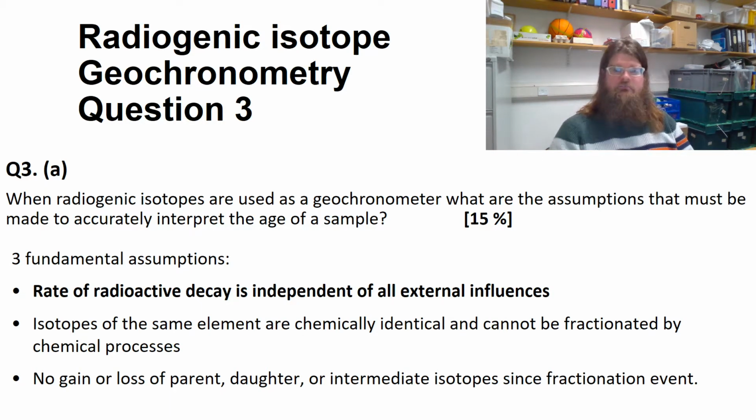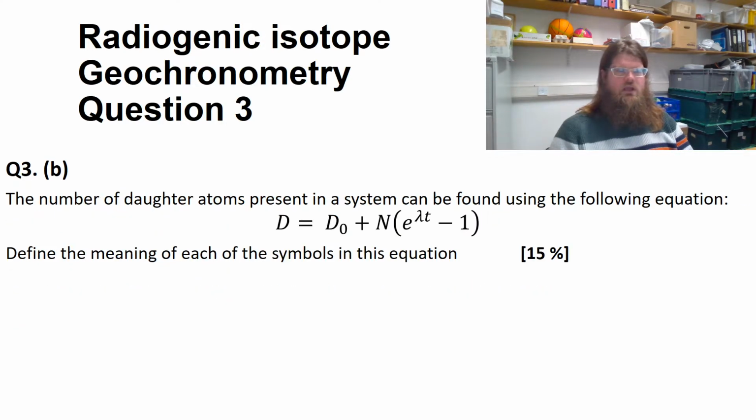Sometimes this is true, or true enough to not matter, and in other cases it is not true, and we need to do something about that, or interpret our data in such a way that takes into account this open system behavior. We'll come on to that towards the end of the question. So those are some things that you should know.